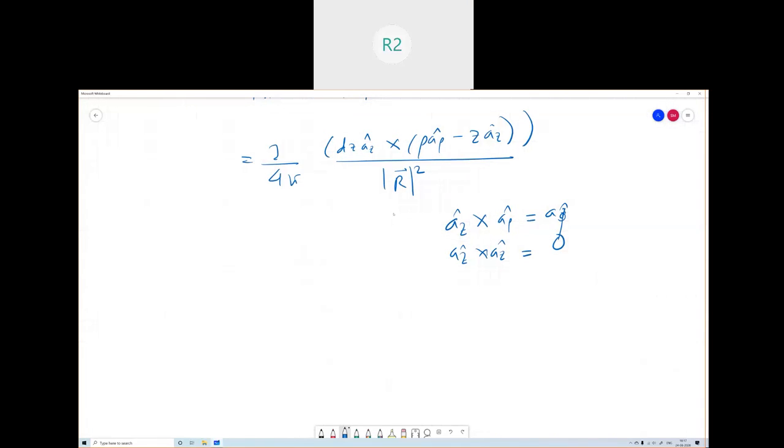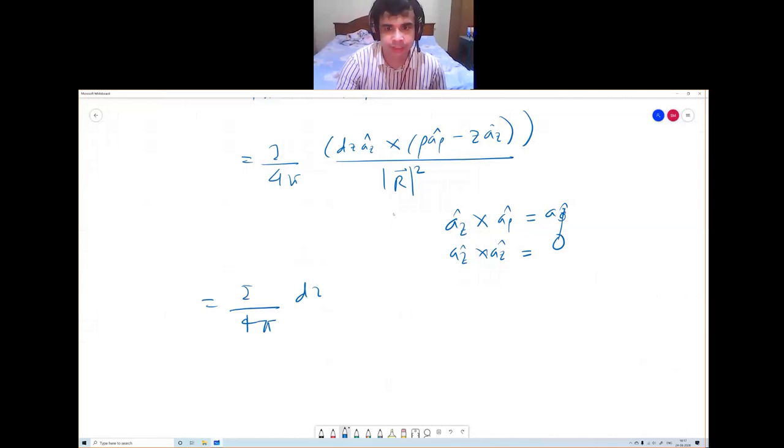So this would be I by 4 pi dz rho dz by r square. Oh, I forgot to put dz, plus this will be r cube, because we took r. So this will be r cube, not r square.